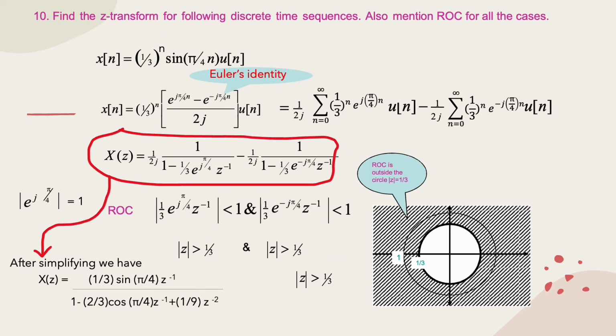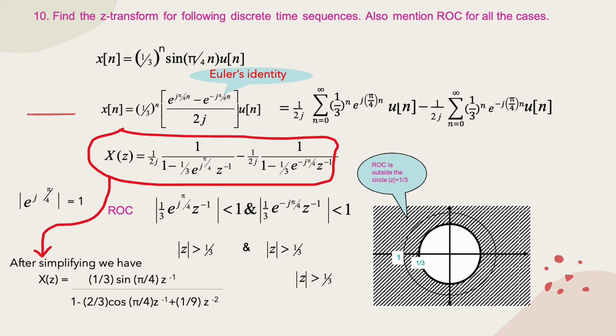Similarly, if it is a trigonometric series, x of n is equal to 1 by 3 power n sin pi by 4 n u of n. So we have to use Euler's identity for the sin pi by 4 n. You write it like this: e power j pi by 4 n minus e power minus j pi by 4 n divided by 2j. So now you write down the z transform formula and apply it. This is equal to 1 by 2j, you take it outside, sum of n equal to 0 to infinity, 1 by 3 power n e power j pi by 4 power n u of n, minus 1 by 2j.